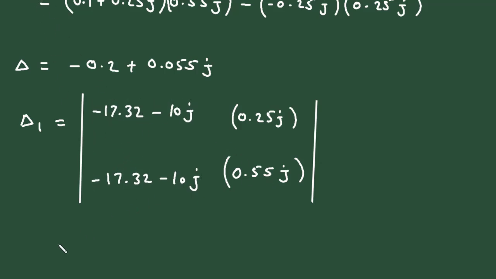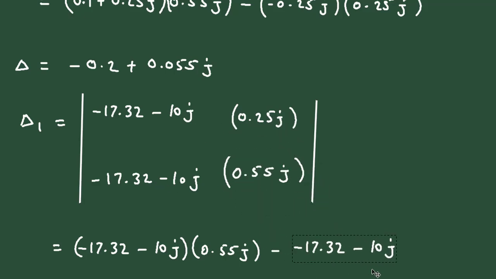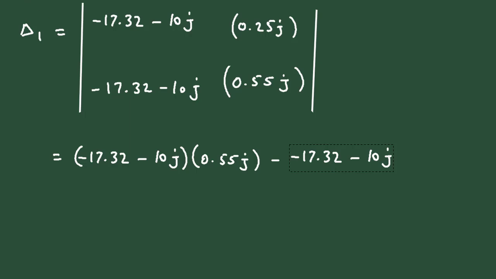Now this term into this 0.55j, then minus this into this, this term into 0.25j. So again let's solve this.